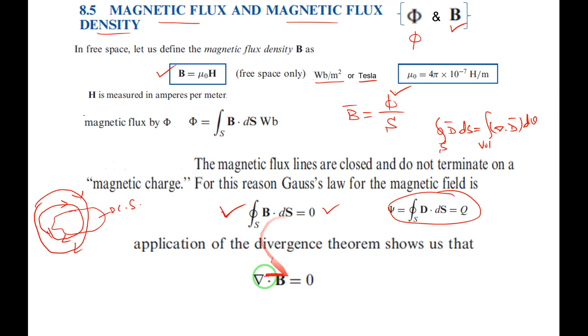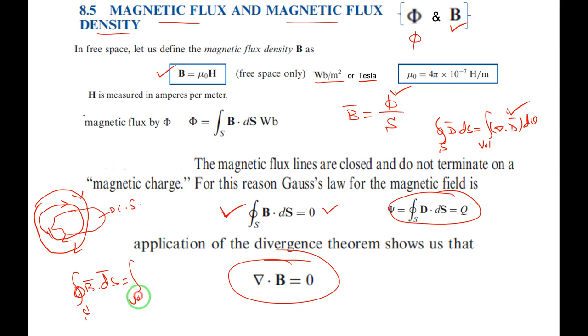If I apply the divergence for the electric flux density, it is fine. But if I apply the divergence for the magnetic flux density B, it will be 0 because LHS equals RHS. Similarly, I can write closed surface integral of B dot ds is equal to volume integral of the divergence of B vector into dV.